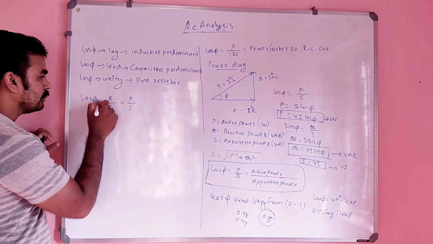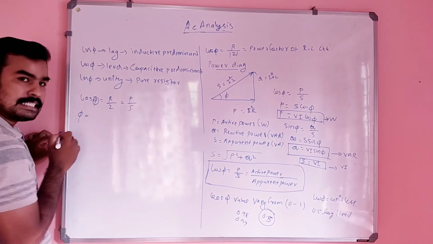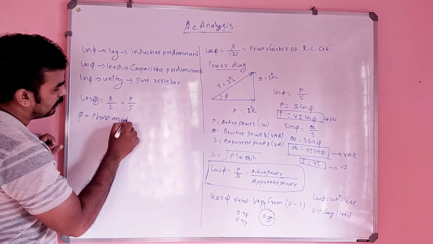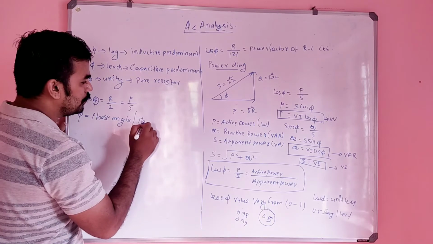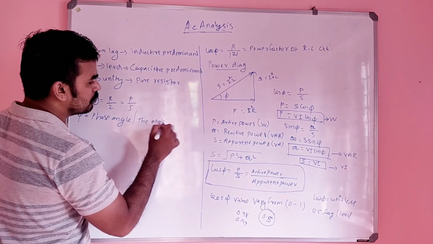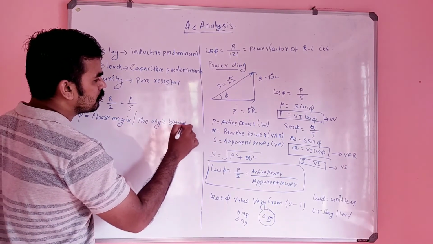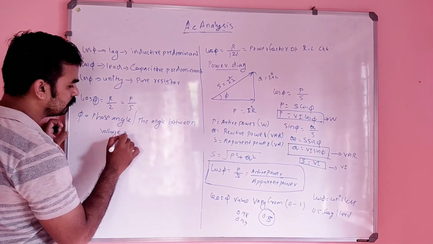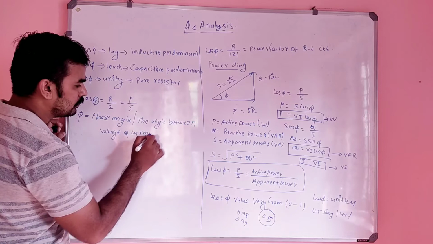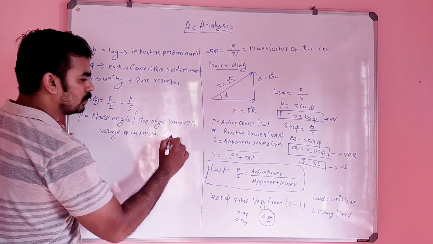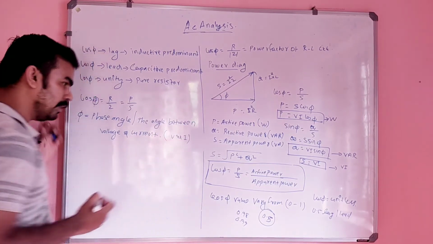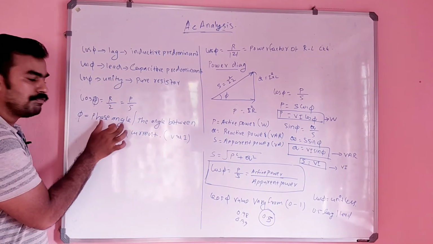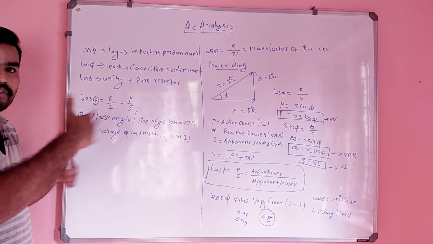What is phi here? Phi is nothing but the phase angle, or the angle between voltage and current, right? Or V and I. Cos phi is the power factor, and phi is the phase angle, that is the angle between voltage and current.